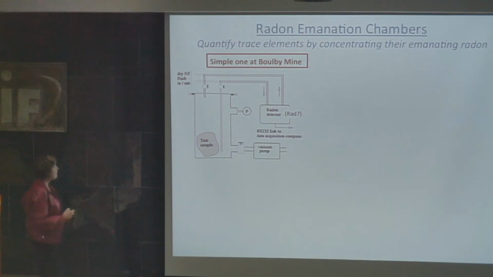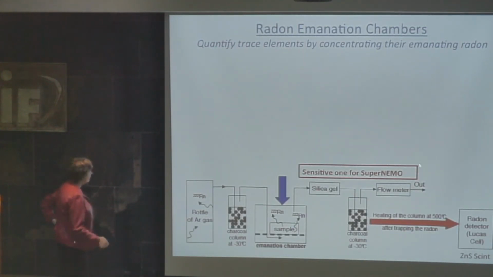Radon emanation chambers. A simple one at Boulby is quite useful: you put your test sample in basically a jar, and it emanates the radon, and then you count the radon. But you can be a lot more sophisticated with it. This is the one that they use for SuperNEMO, where you have several charcoal columns that are kept very cold, and the emanation chamber is after the first charcoal column.